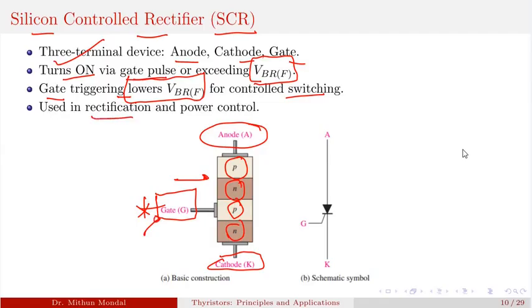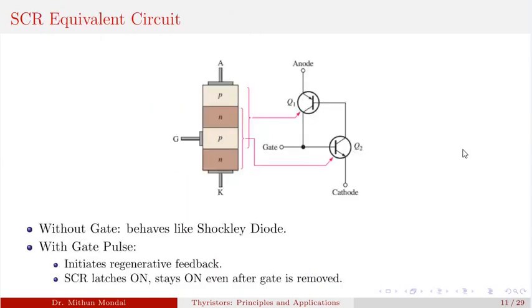It is used in rectification and power control. The schematic symbol for this silicon controlled rectifier has three terminals: anode, cathode and the gate signal, and this is the normal diode representation with the gate signal as an extra compared to the normal diode.